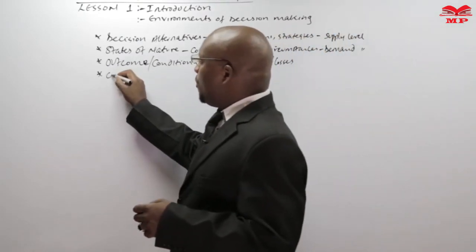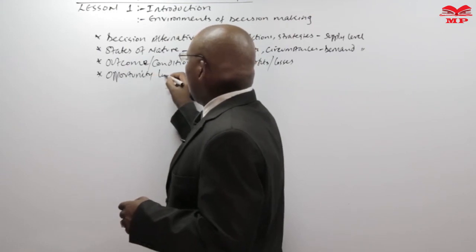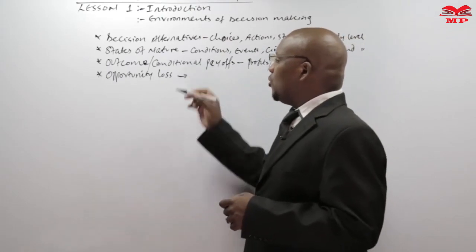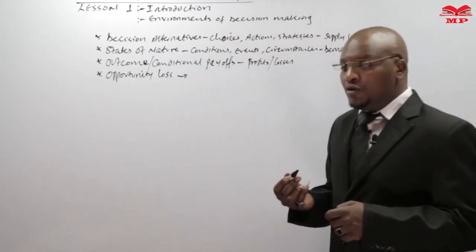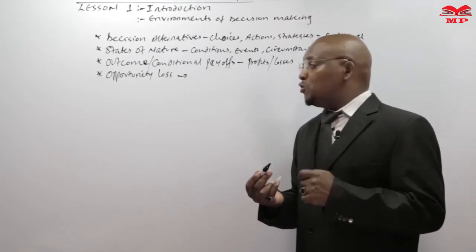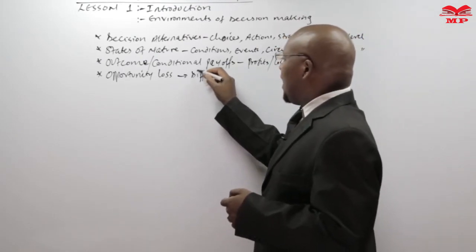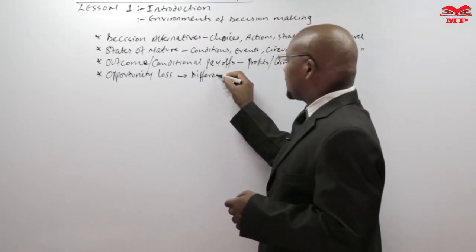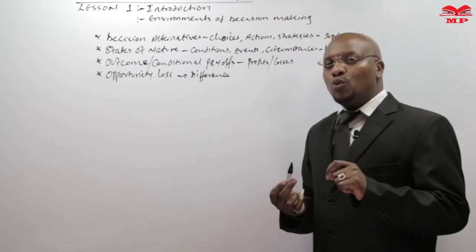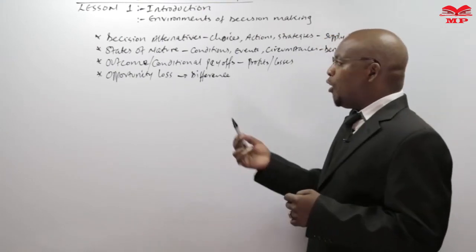Then there is the opportunity loss. Always, if you do not take the correct decision, you'll be making less than if you were to make the correct decision. That difference, comparing what you are making currently and what you should be making should you have taken the correct decision, is what we call the opportunity loss.